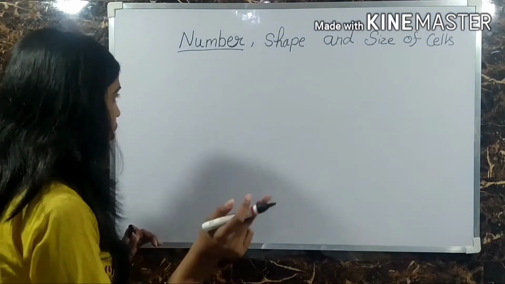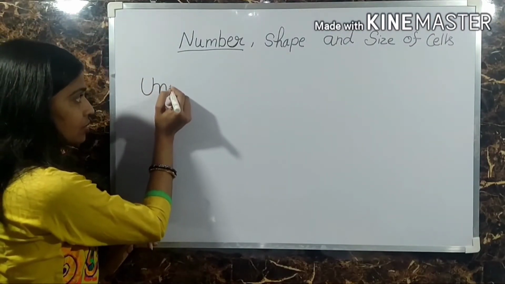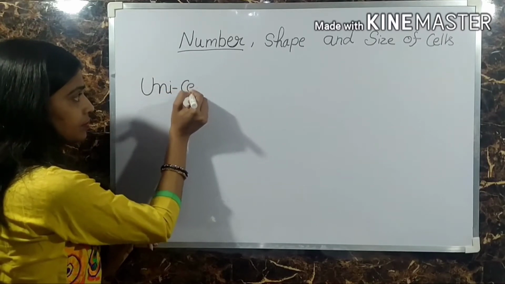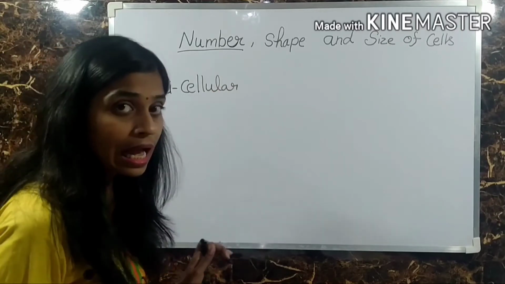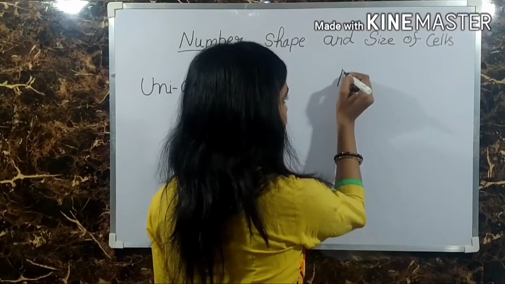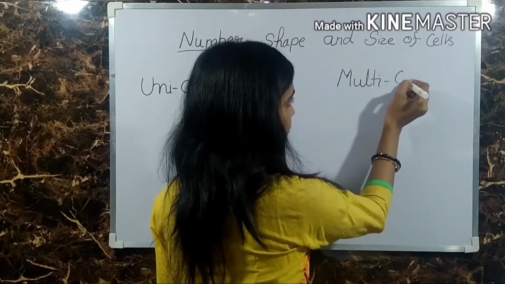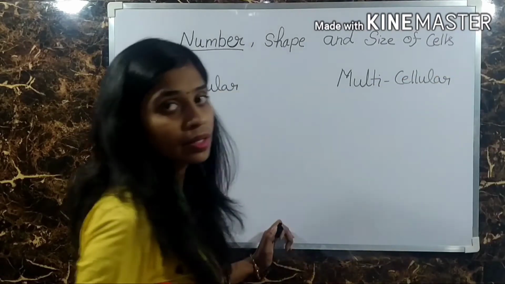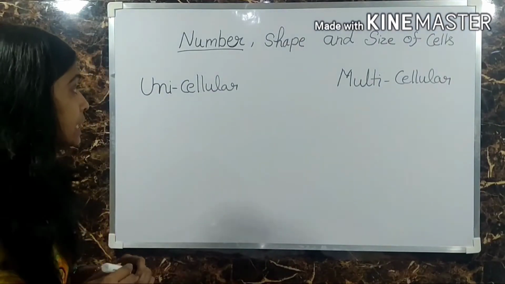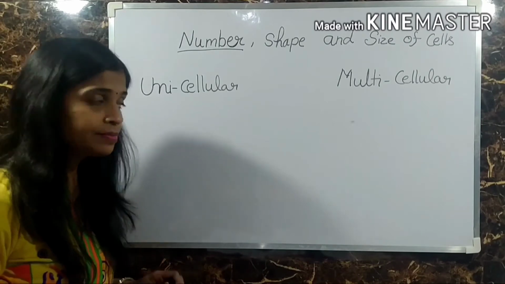The types of organisms are unicellular and multicellular. What is the meaning of unicellular organism?